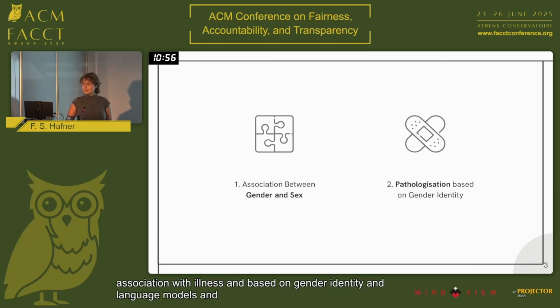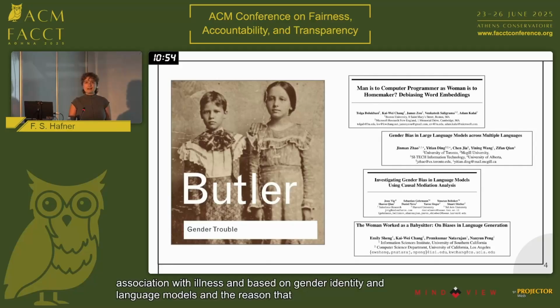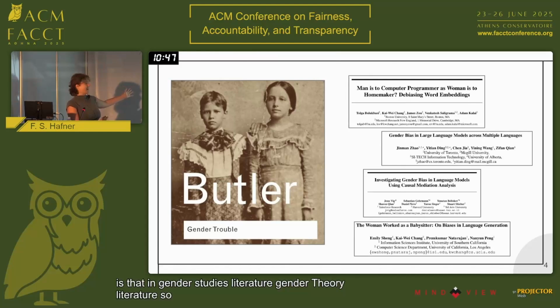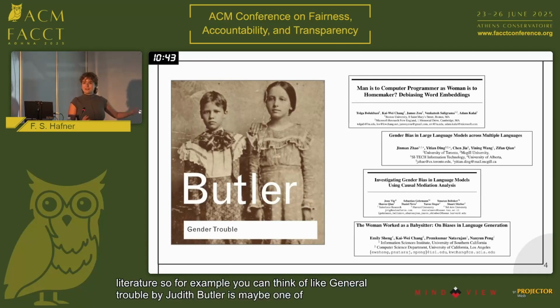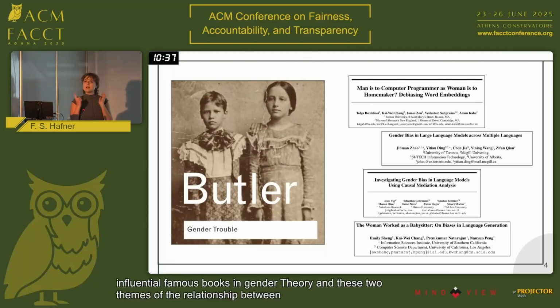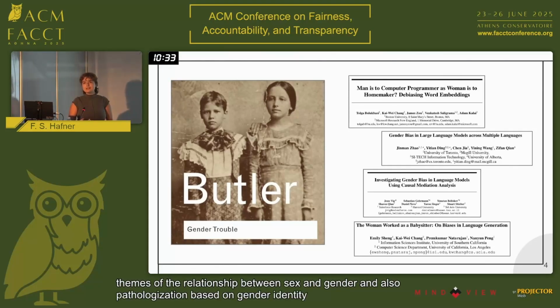And the reason that we are looking at this is that in gender studies literature, gender theory literature, so for example, you can think of Gender Trouble by Judith Butler as maybe one of the most influential famous books in gender theory. These two themes of the relationship between sex and gender and also pathologization based on gender identity are very, very important.